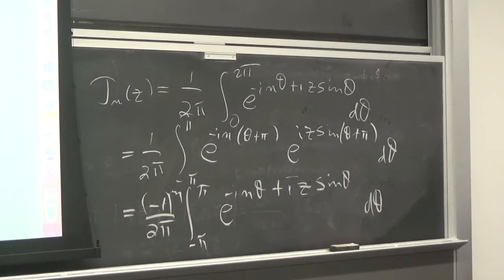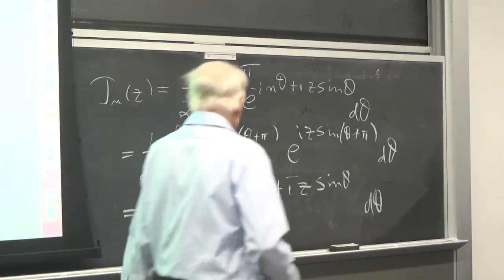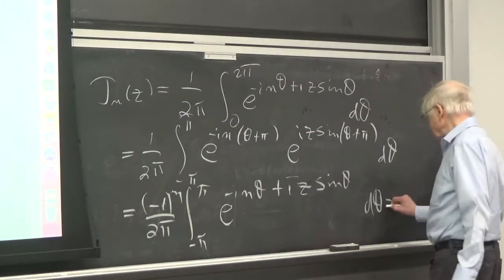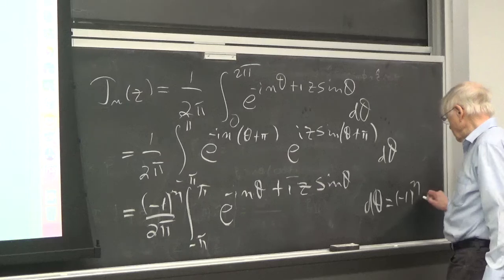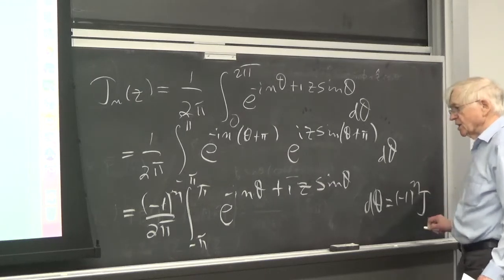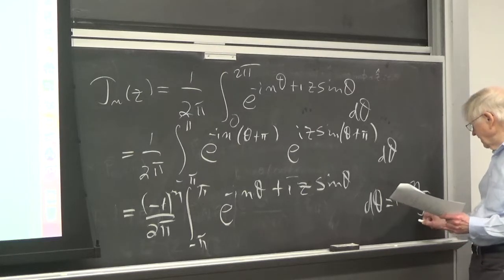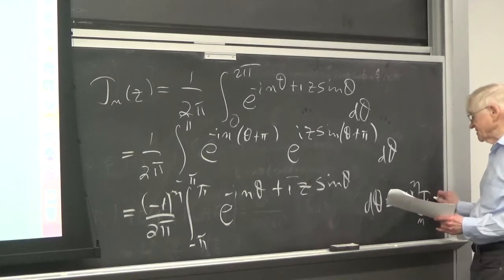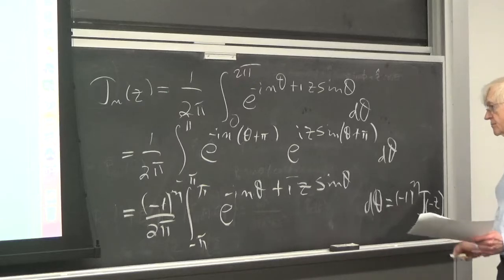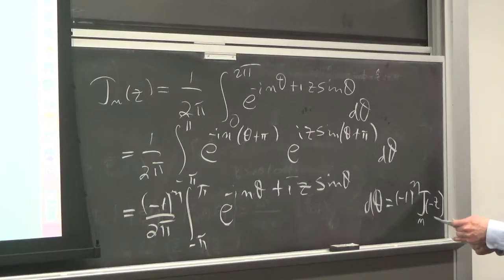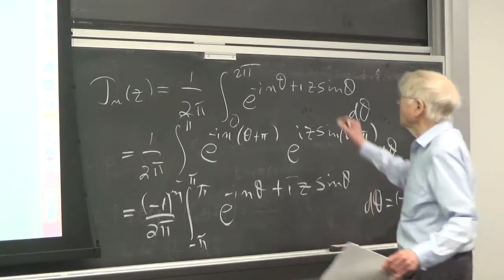Now that's the same as Jn of z, but, right, so what we've derived here is that this is minus 1 to the n Jn of minus z. Well, no, I skipped a step, I think.